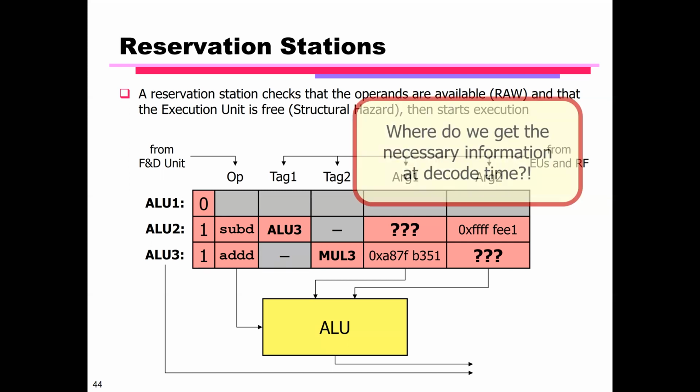But it's easy for us to understand this because we see the dependency by looking at the code. If I have the view from the fetch and decode unit and I'm just decoding an instruction, how do I know on which past instruction there was a dependency, and if at all there was a dependency?